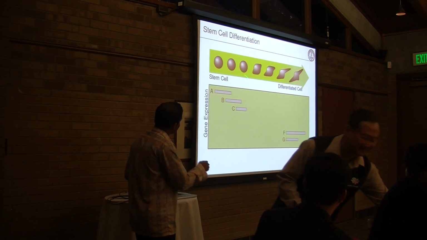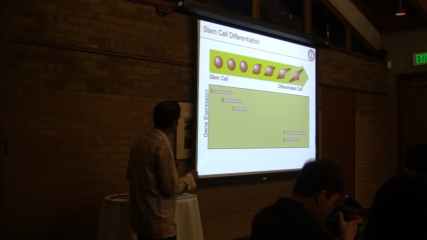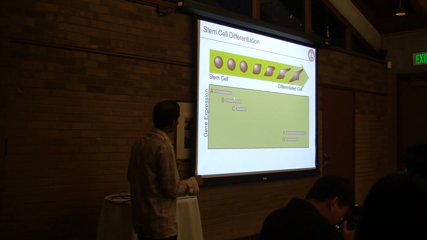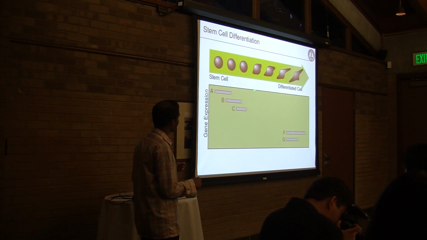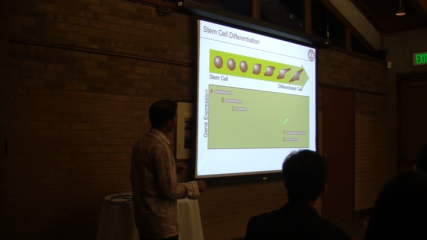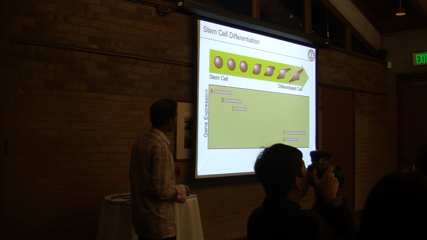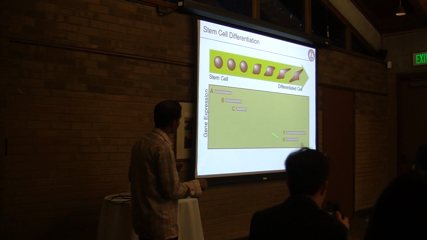So in this process of differentiation, you have certain genes called A, B, and C here that are expressed, and they are made in these cells, and they are not made in these cells. Right? And there are other genes that are made in these cells. So this is called gene expression.